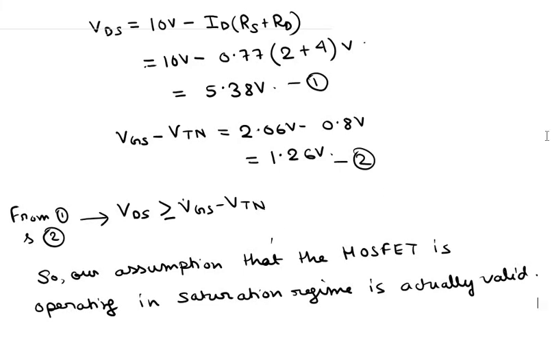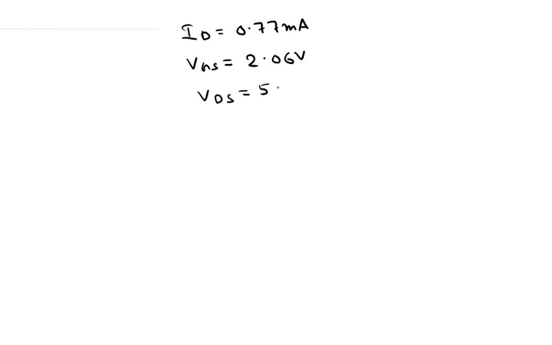So this is our answer: ID is equal to 0.77 milliamperes, VGS is equal to 2.06 volts and VDS is equal to 5.38 volts. These are the three answers.